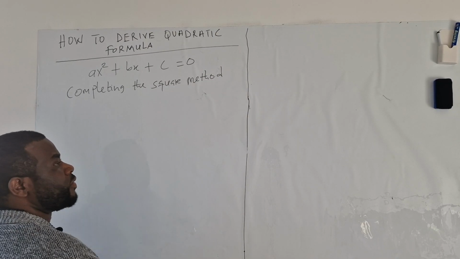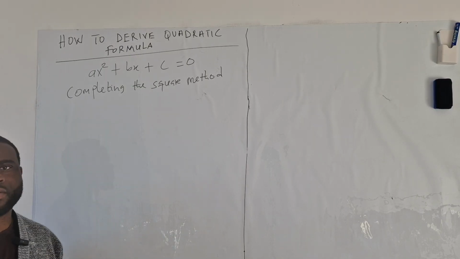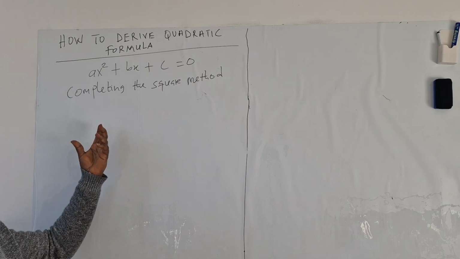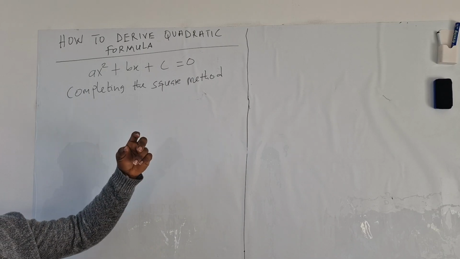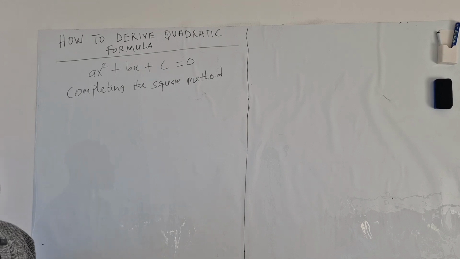Good. So we are going to use this method to derive our quadratic formula. Good. So how do you use this method to derive the quadratic formula from the general form of quadratic equation?